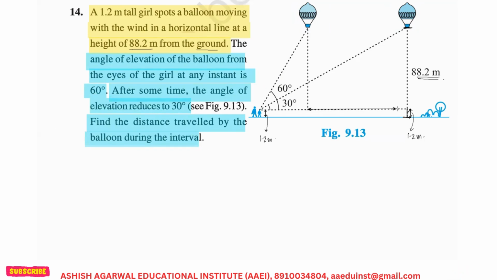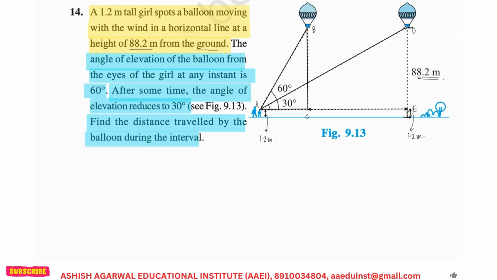to find this distance. If we properly name this figure, let us say this is A, this is B, this is C, this is D, and this is E. So our first triangle is triangle ABC, which is having an angle of elevation of 60 degree.